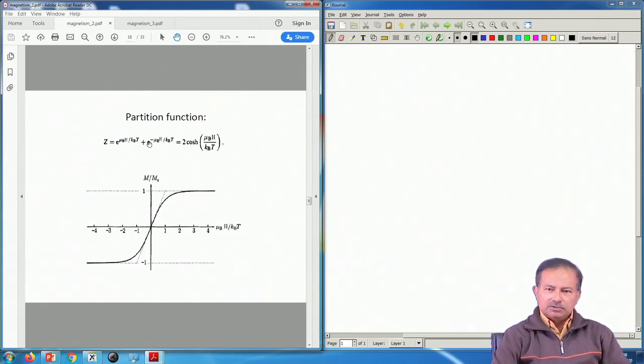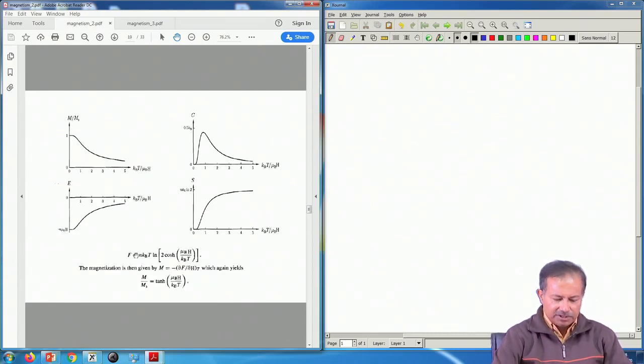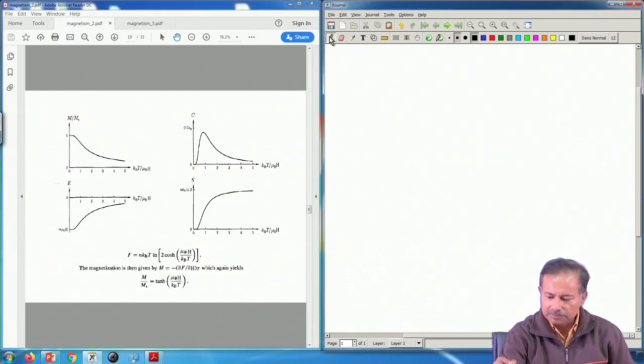Here there are only two states. So, that is all, 2 cos hyperbolic mu b h by k b t, and from that you can calculate the free energy. Free energy density is n k b t divided by volume, log 2 cos hyperbolic, minus. Basically you use this relation that e to the power minus beta f, where f is the Helmholtz free energy, is equal to the partition function.